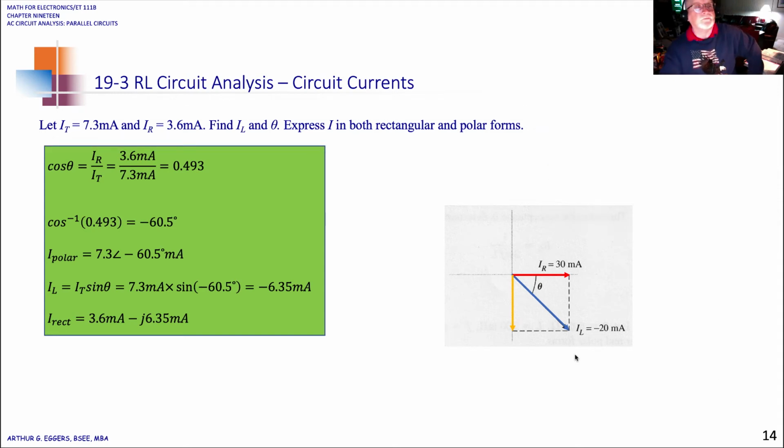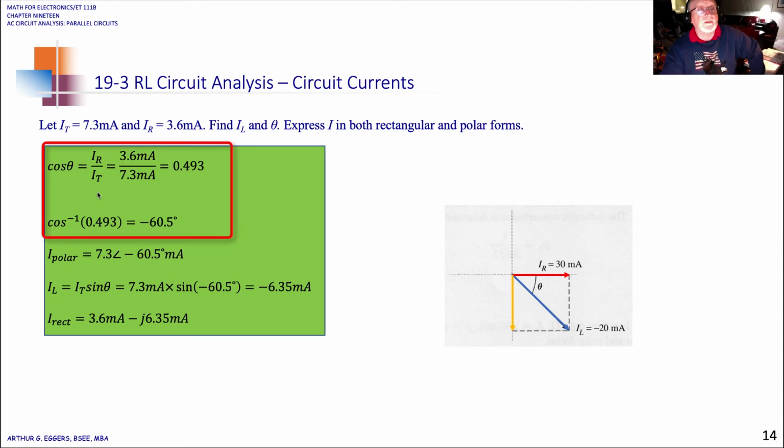Again, we pick the trigonometric function that matches what we're given. I sub R and the total current are givens, so we're going to use the cosine of theta to calculate the first terms. So 3.6 divided by 7.3 milliamps gives us a cosine theta of 0.493.